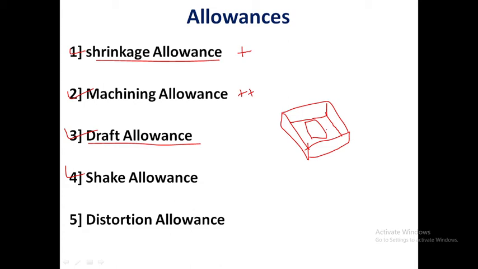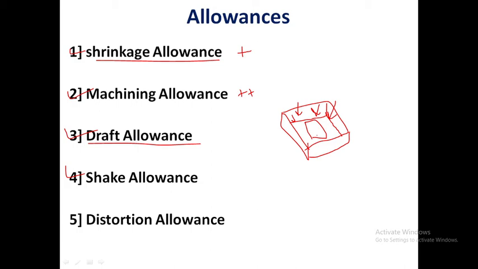After pouring the sand and performing the ramming action, the cavity slightly increases due to the ramming action. In order to compensate for this slight increment, the allowance is called the shake allowance.